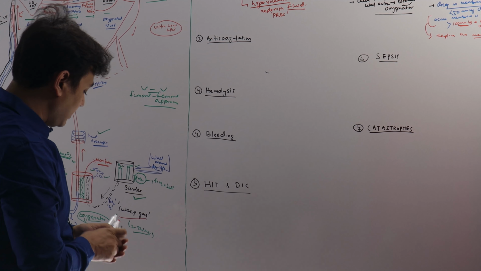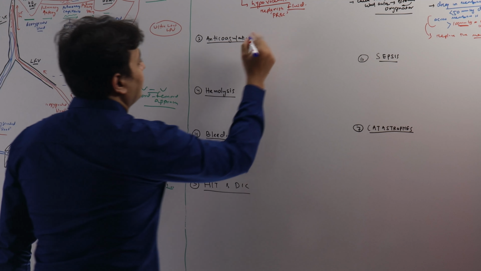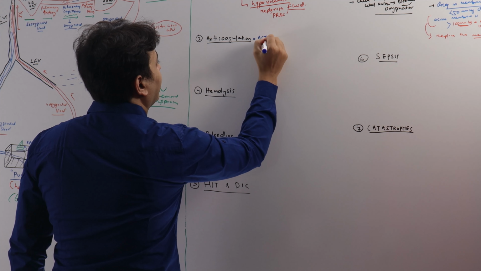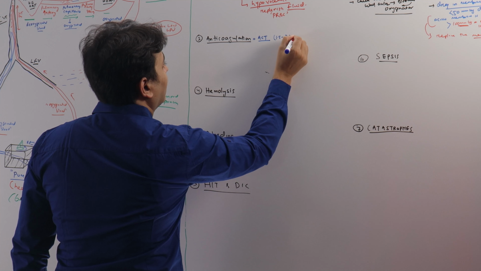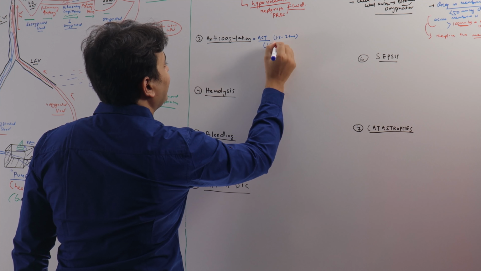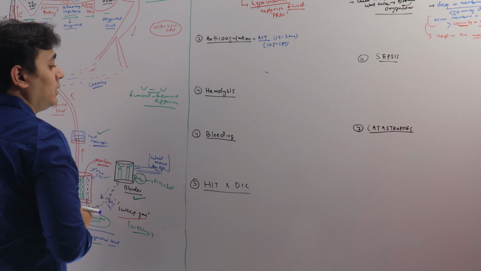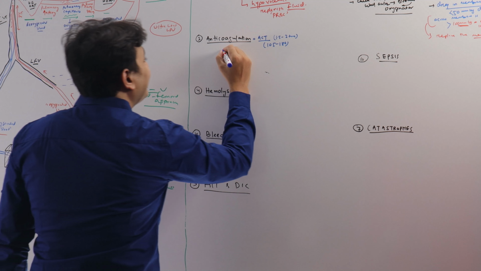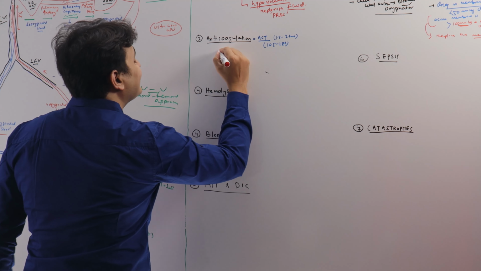Now coming to anticoagulation. The usual technique is we measure ACT, and we keep it at 1.5 to 2 times normal, that is around 105 to 180. In cases where we cannot maintain this anticoagulation, what are the other methods to decrease formation of clot? You can increase the flow.